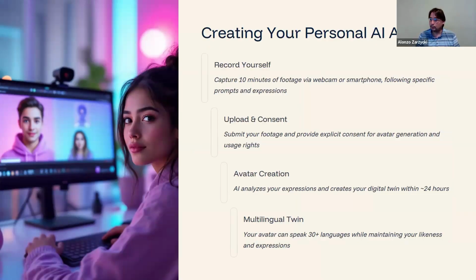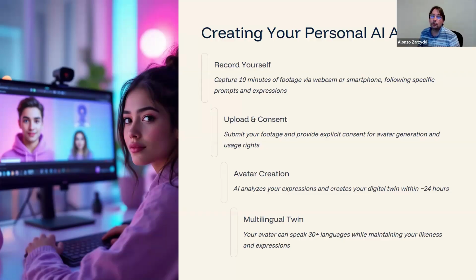Once you upload that, you'll have to sign a release form with Synthesia, where you give consent to let Synthesia use your likeness to create your AI avatar or your digital clone for creating your AI videos. Synthesia will take that 10-minute video that you recorded and will analyze your expressions, your mannerisms, and will take all that data and generate a digital clone of you within 24 hours.